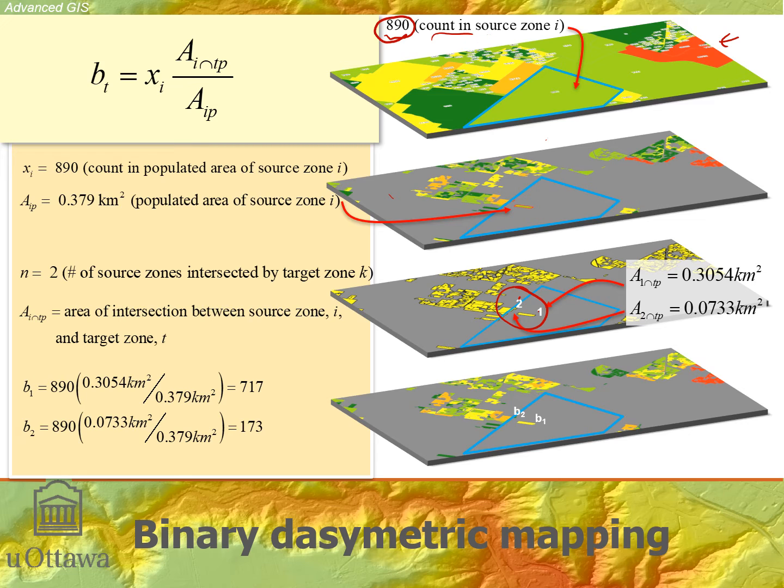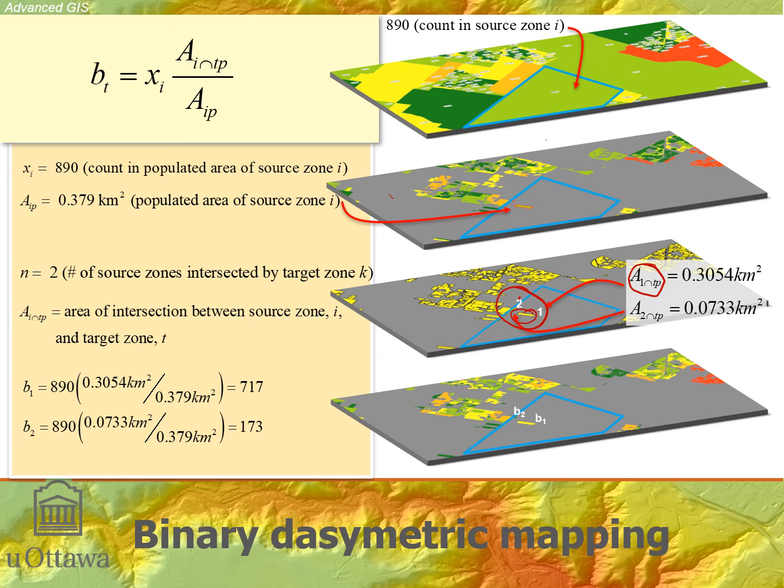And we find the total area of 1 plus 2. And then we break it up and intersect it with itself. So this is what this is showing here, that we basically find the total area and then we divide that total.